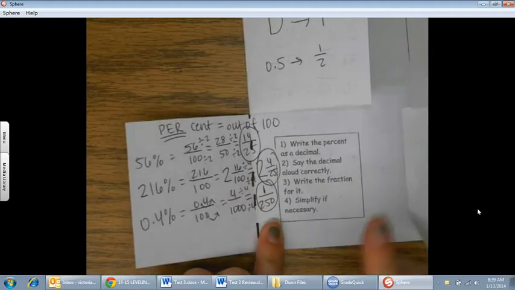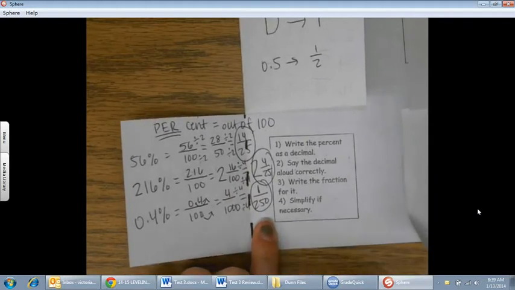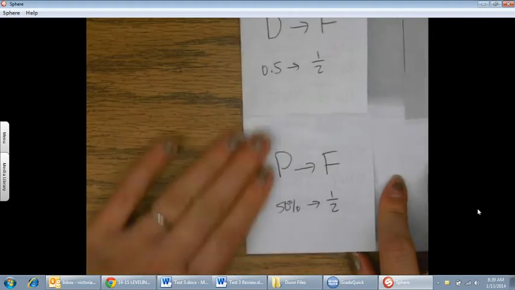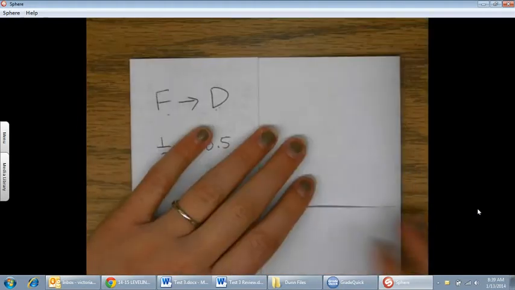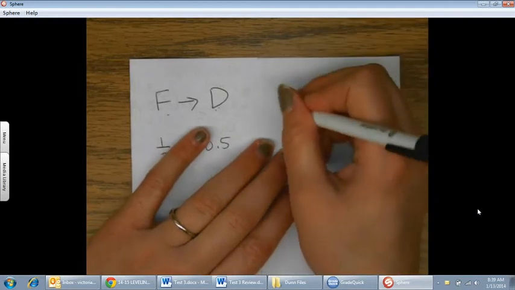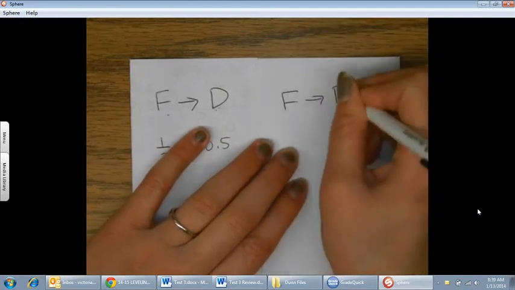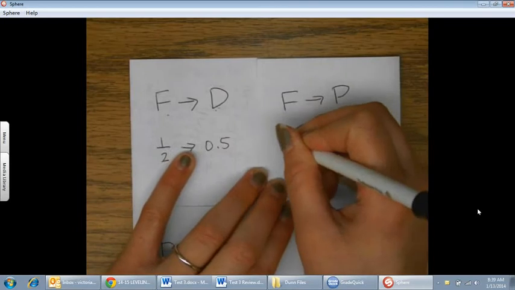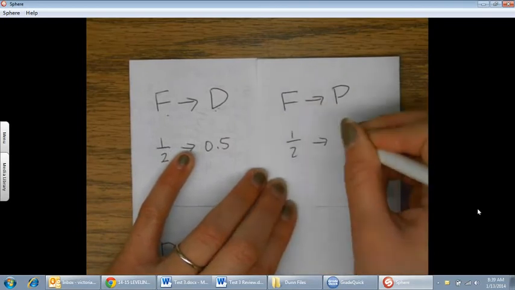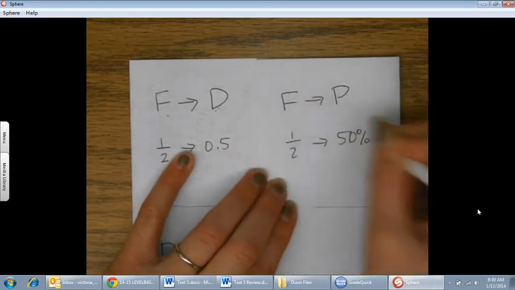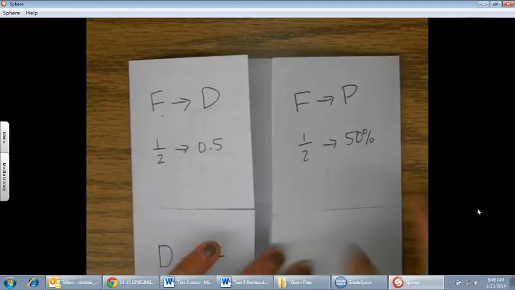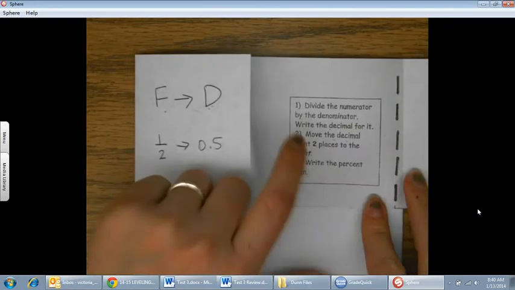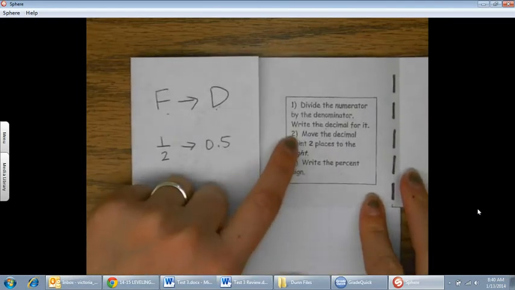All right, come back up to the top right corner, and we're going to go from F to P, and that's going to be 1/2 to 50%, as an example. Okay. Now, the directions in here say you divide the numerator by the denominator and write the decimal, which we do here, but then move the decimal 2 places.